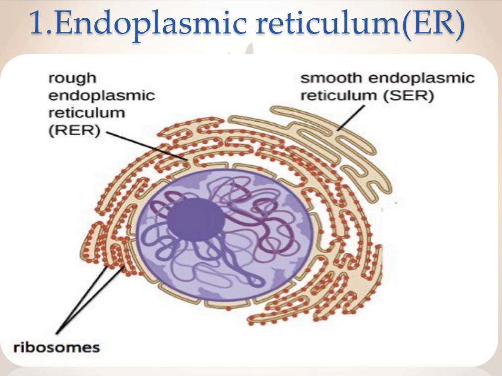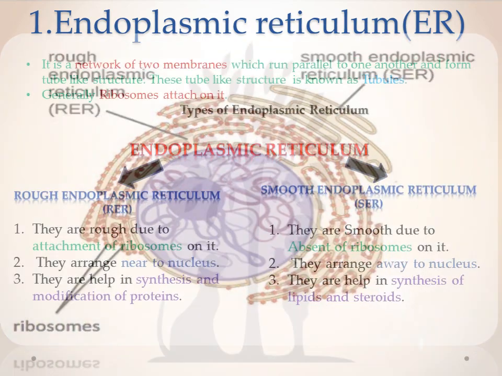It is present near the nucleus, and that's why we can easily differentiate them by their appearance and position: that is rough endoplasmic reticulum. On the other hand, the smooth endoplasmic reticulum is away from the nucleus and does not contain any ribosomes over it. So this is the picture.